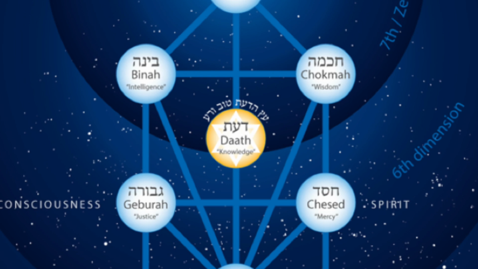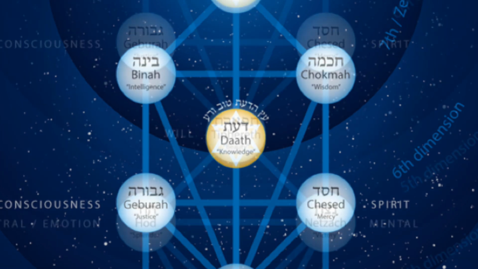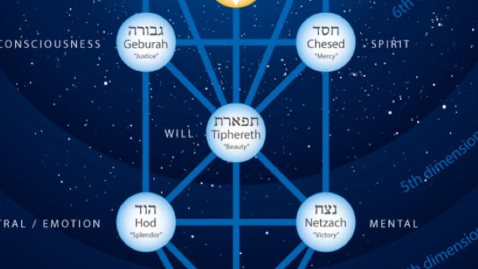We can exercise self-control, which would be like Geburah, or we could exercise influence upon others, which would be Hesed. Tiferet, in the very middle of the tree, is the heart. This is the care qualities of the individual.